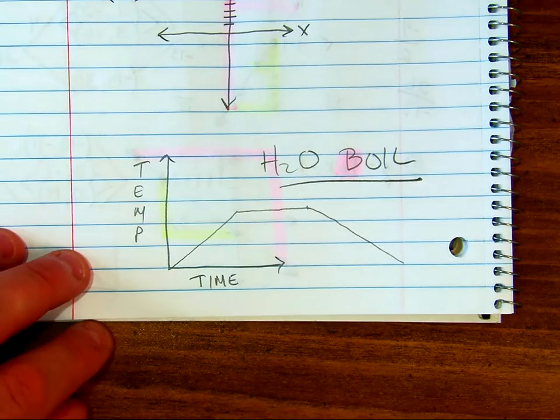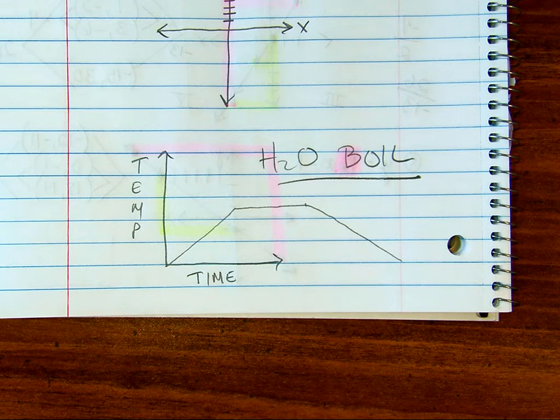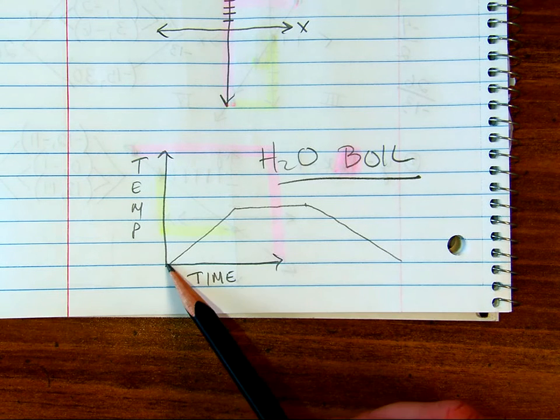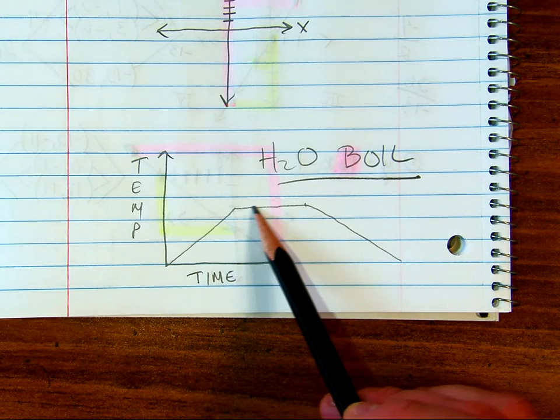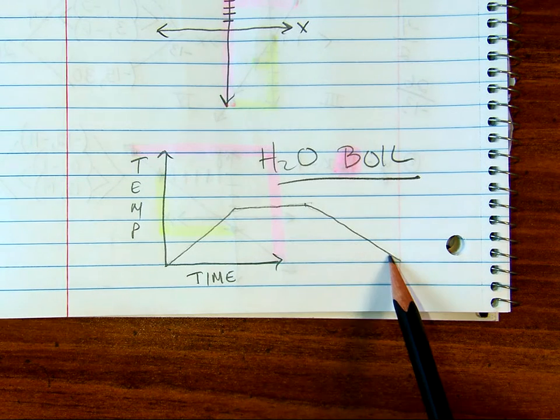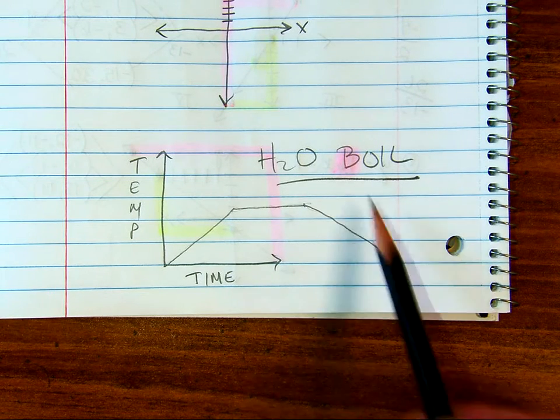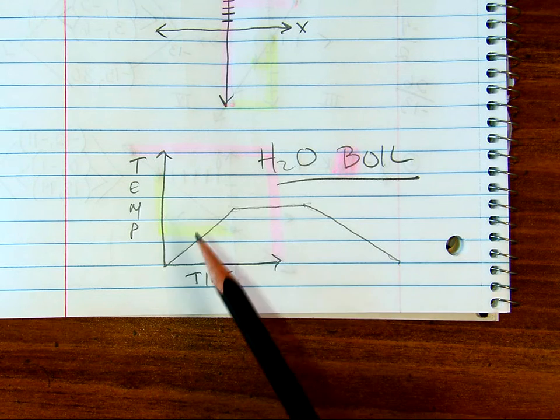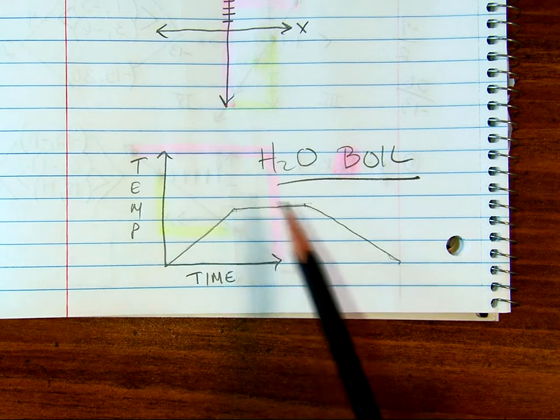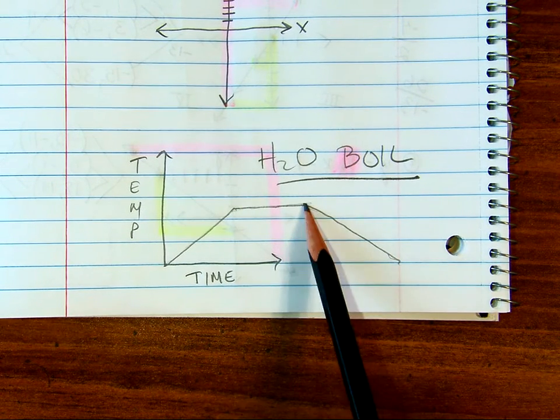Now, is this a linear function? No. It's not linear. Okay? But I just wanted to give you an example of water heating up, water boiling, water cooling off. This is a great example of in real life where you have a positive slope, a zero slope, and a negative slope, all in one activity.